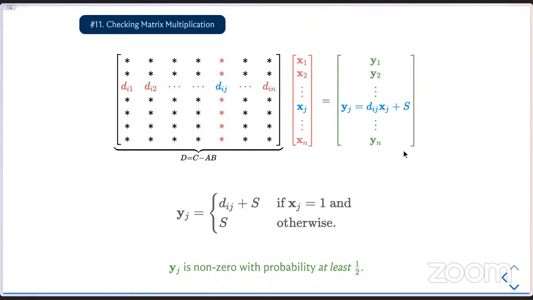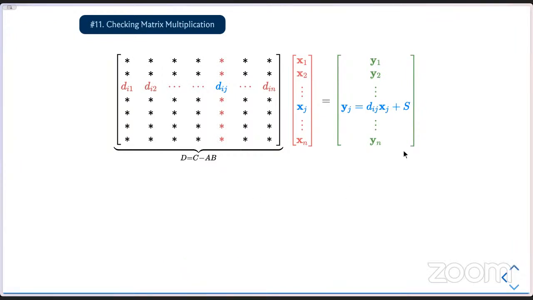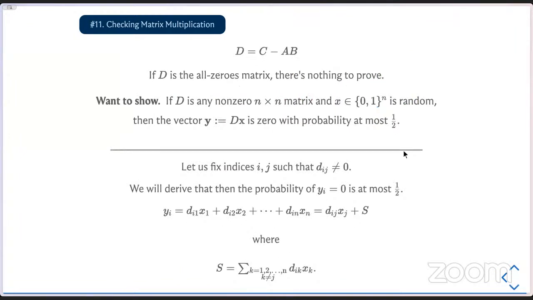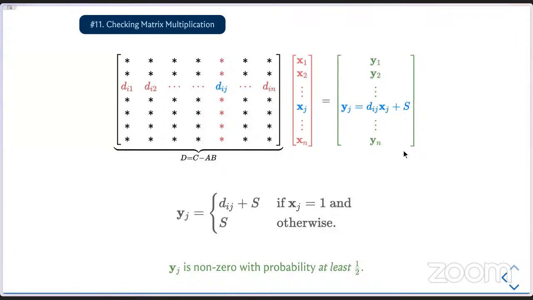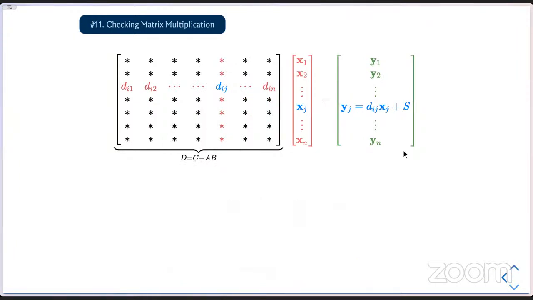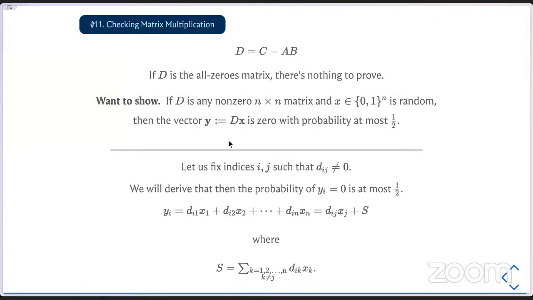And you just want a non-zero vector. You want at least one of the yj's to survive and be non-zero. So if one of them survives with probability at least half, then you can conclude that your y is non-zero with probability at least half. So essentially, we are in business, because what we have managed to show is that all the yj's being 0 happens with probability at most half.